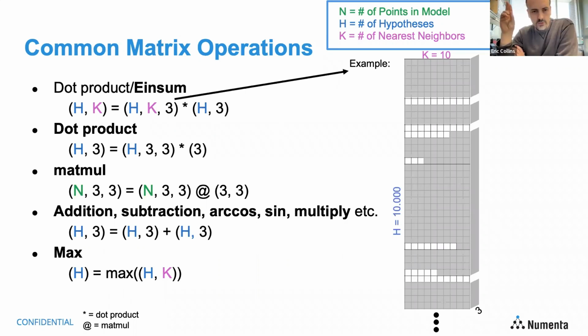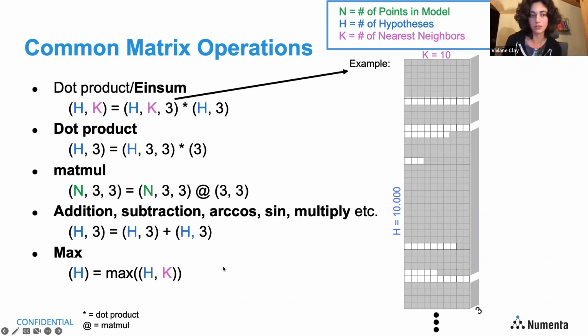Okay, quick question, just to refresh my memory. The things that you're using to judge whether an observation matches a hypothesis, what does that feature vector look like? Is it just normals and tangents or something? What are the features that you're comparing observations against hypotheses?